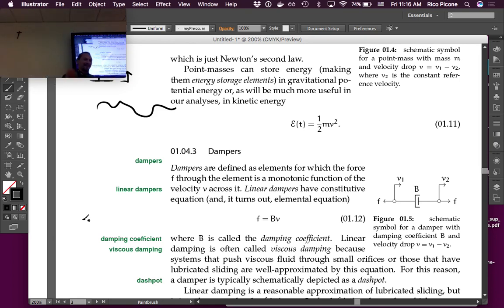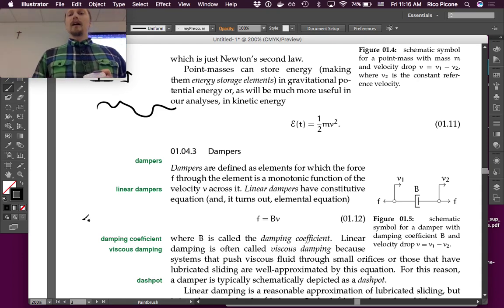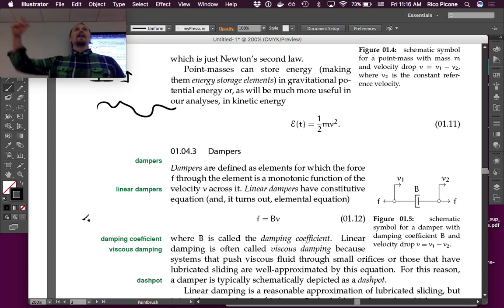So, dampers are defined as elements for which the force through the element is a monotonic function of the velocity across it. Okay? A spring is an element for which the force is a monotonic function of the displacement across it. The damper is the same but for velocity.